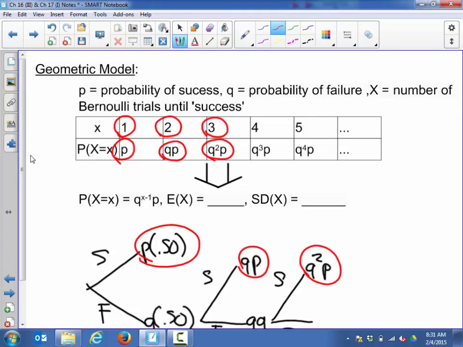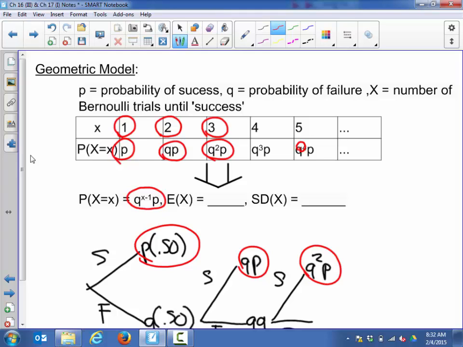Okay, so notice there's a pattern here with the exponents, and that's really right here. It's embedded in the geometric model equation that if you're wanting to find the probability of success on the xth trial, the xth could be 5, okay?